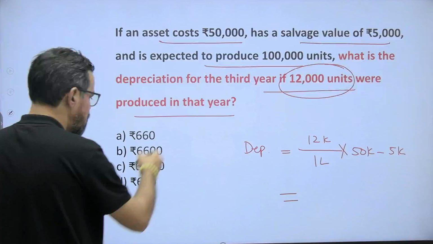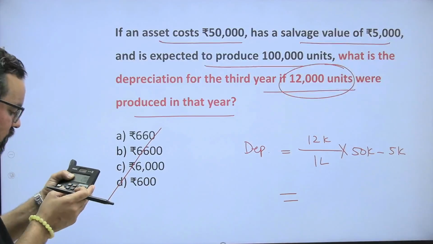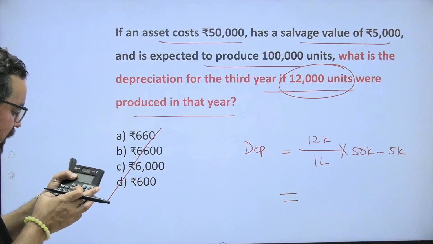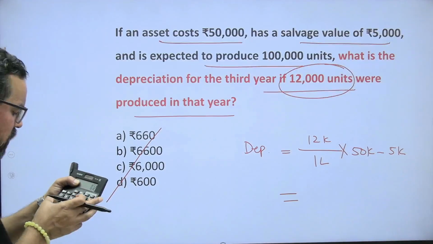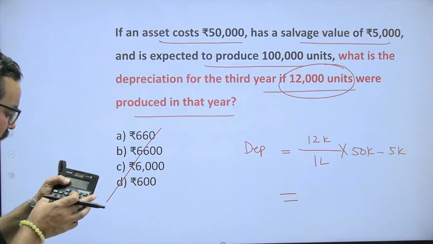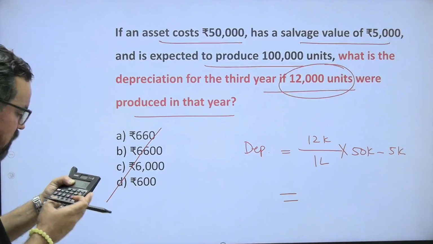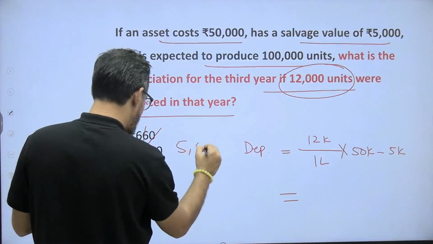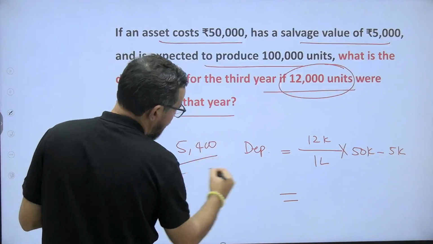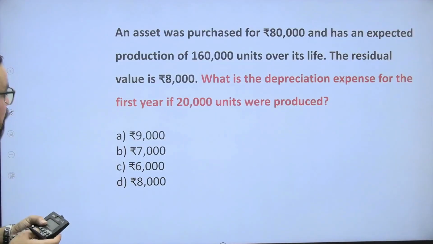I guess these options are wrong. Again, I'll check this one. So 12,000 divided by 1 lakh is equal to 0.12 into 45,000. So it will come to 5,400, right? So 5,400 will be the right answer for this one.